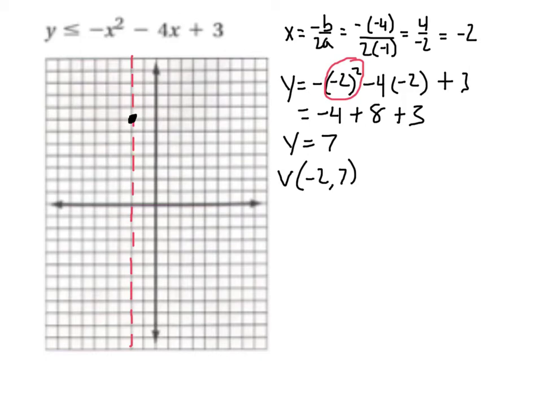Therefore, our vertex was the y-intercept. That doesn't help us graph. But here, our vertex is not the y-intercept. So the y-intercept is going to give us another point that we can use. The y-intercept always comes from the constant term in standard form. So we have 0, 3 as our y-intercept.